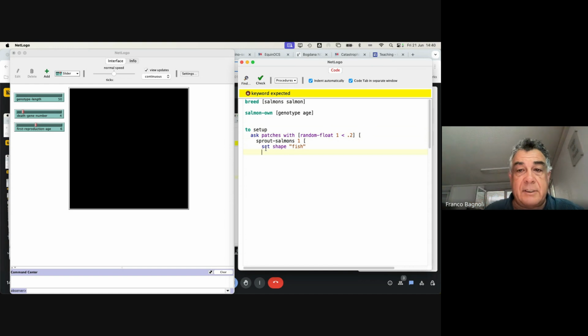Set color random, set genotype, then I shall put here set age 0. Okay, this is more or less the idea of generating salmons.